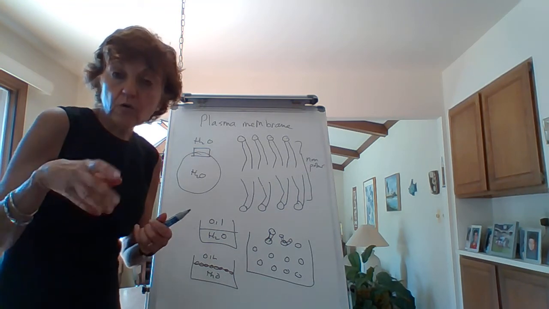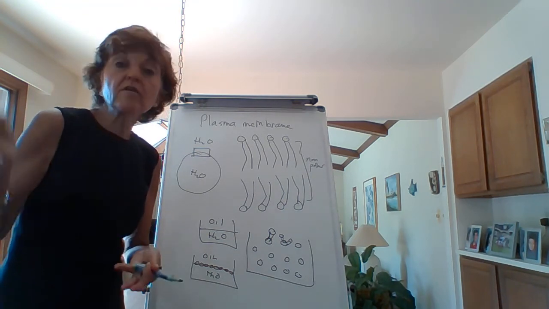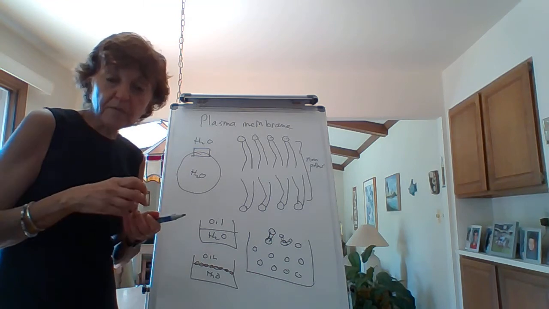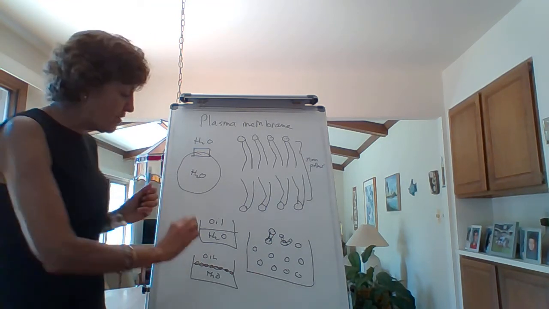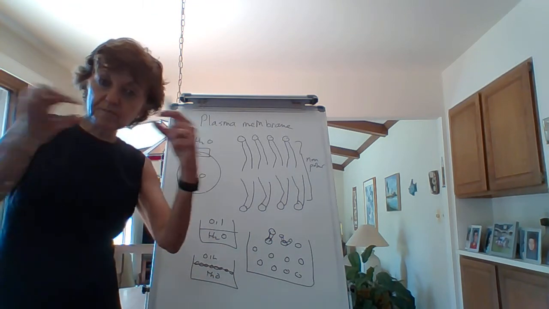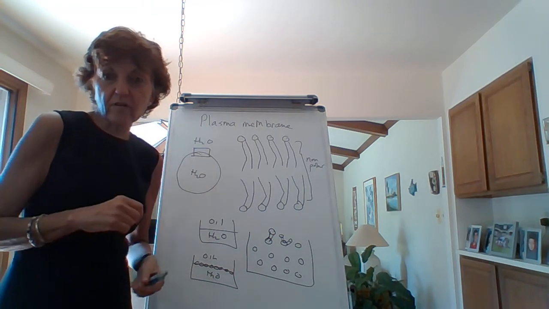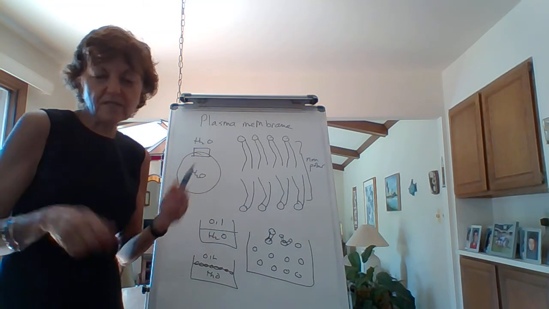So if you have a jar, put some water, put some oil, crack a couple of egg yolks, mix it really well, shake it like crazy, and then you're going to see a nice little emulsion in that interface between the oil and the water. And that's what happens in baking.